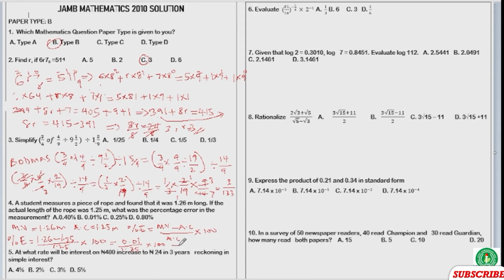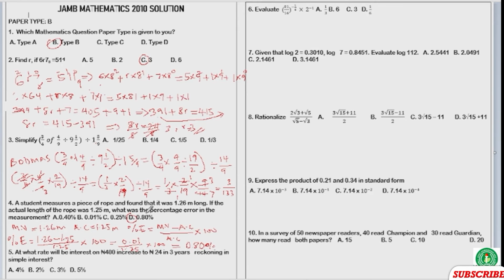So when you press this on the calculator, you have 0.80%. You can add 0 to it because it's decimal. So 0.80%, that's our answer. That's the error. So option D, as you can see.